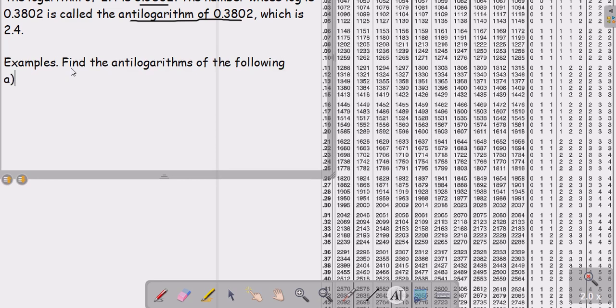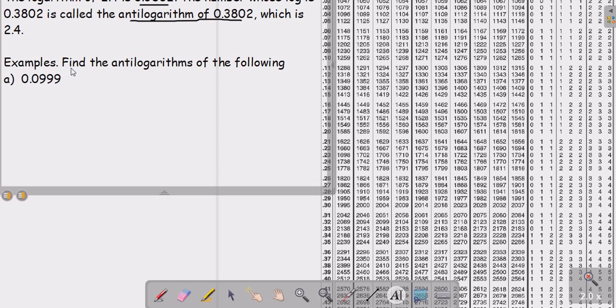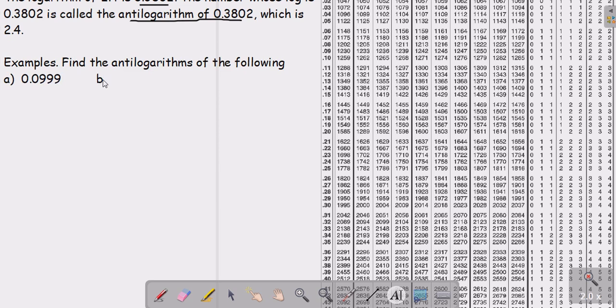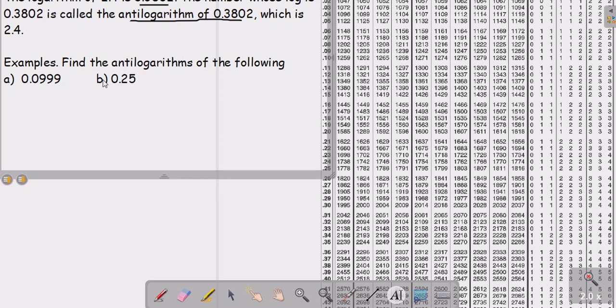Part A we can have 0.0999. Then B we can have 0.2578.